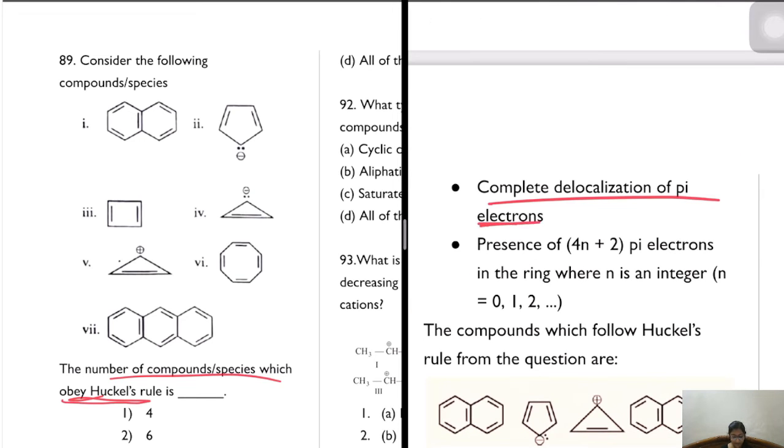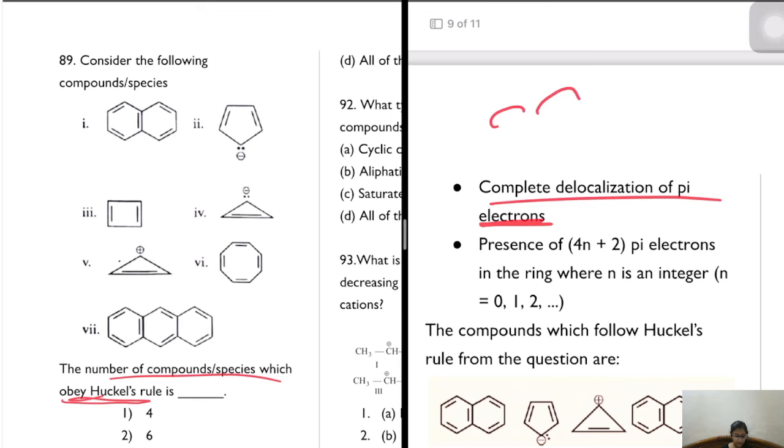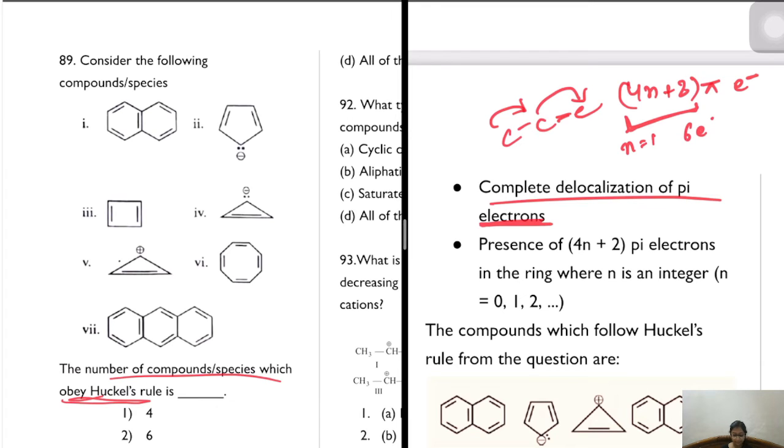Complete delocalization of pi electrons should be there, and the presence of 4n plus 2 pi electrons. Keep this in mind: when n equals 1, then 6 electrons. If n equals 0, then we have 2 electrons, and so on and so forth.